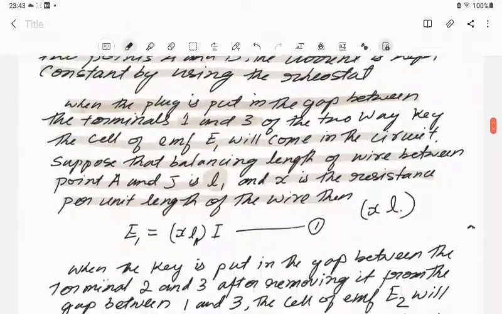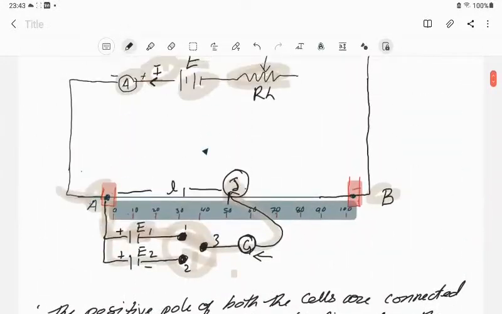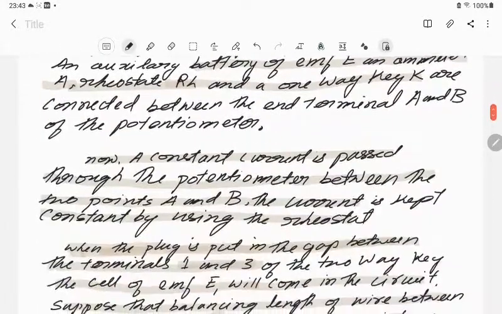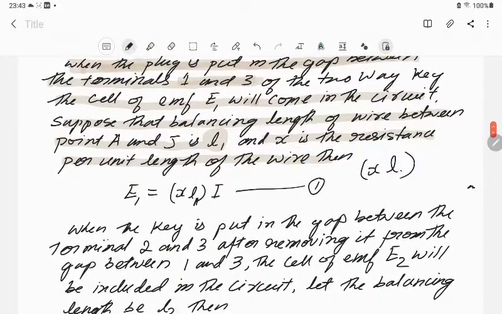So the total resistance over this length A to J will be X into L1. This will be the total resistance between A and J, where the length is L1.